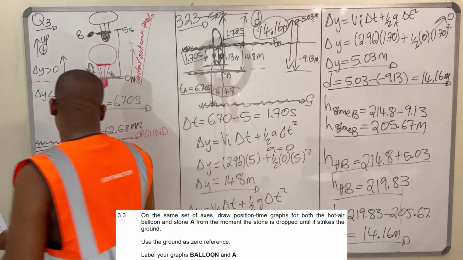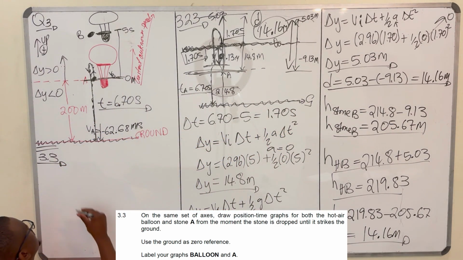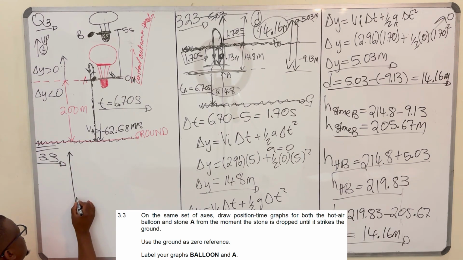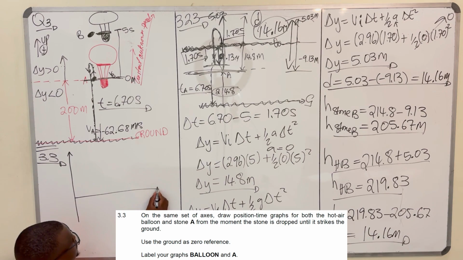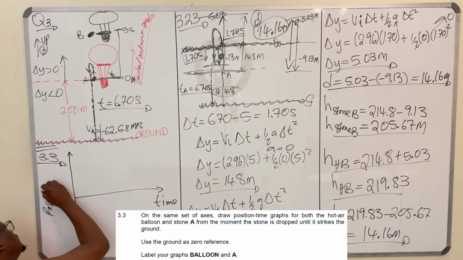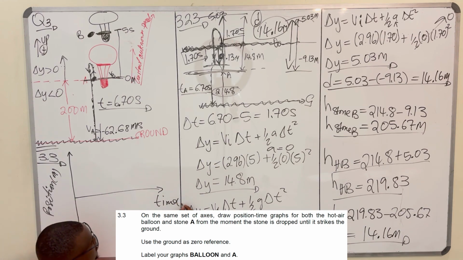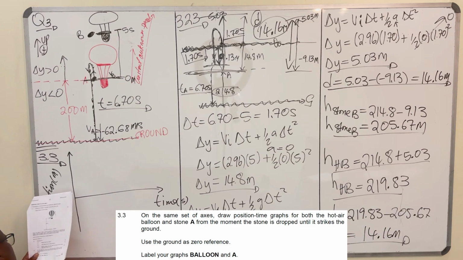So they want a position time graph, right? No problem. So time, position in meters, time in seconds. I don't even have the values. So what did they say?